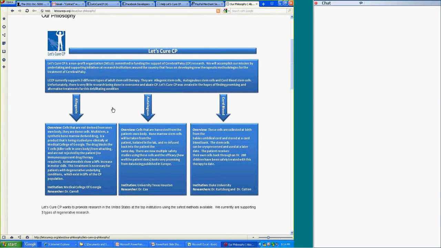So Lizette and I wanted to expand that, and we talked to Dr. Carroll, and Dr. Carroll is actually working with allogenic cells, which is on the far left of your screen. An allogenic cell is an adult bone marrow cell harvested from healthy adult individuals' bone marrow out of their hip.